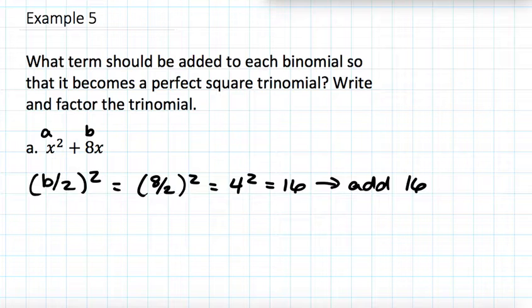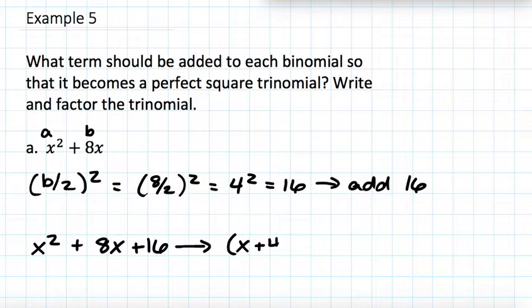So when I add 16, that's going to give me x squared plus 8x plus 16. And then I can factor this. Two numbers that multiply to 16 and add to 8 are going to be plus 4 and plus 4. So when I factor this, I should be able to get the same set of parentheses for both.